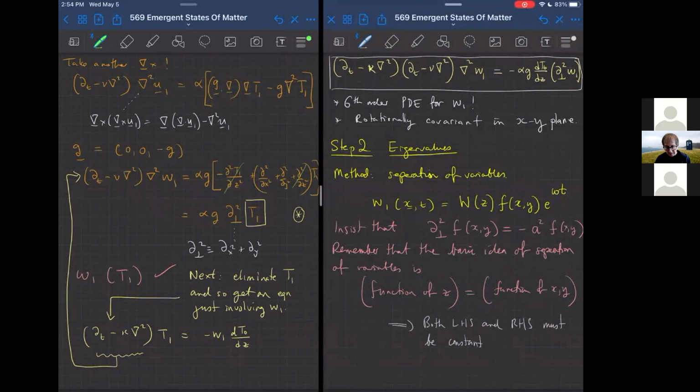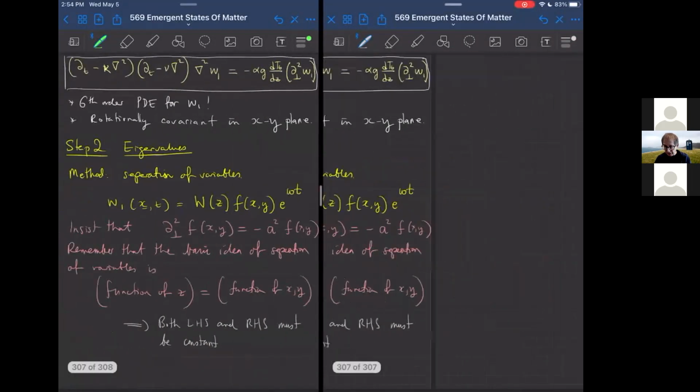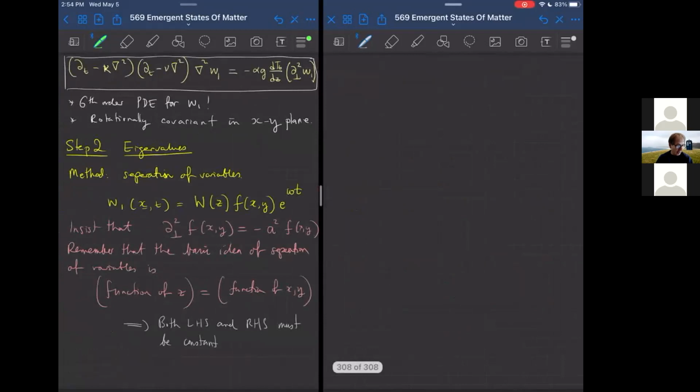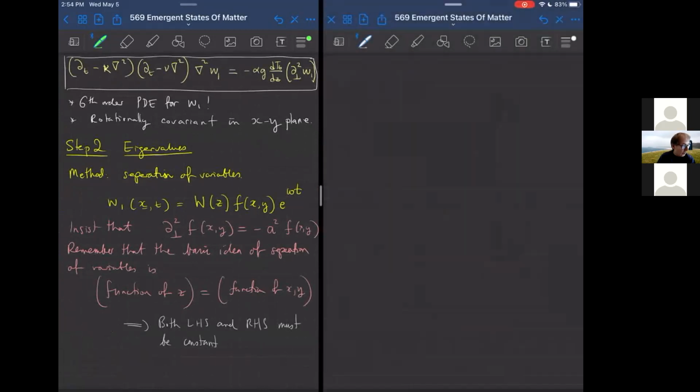And then once I do that, I can now substitute into the equation and find out what I get for my function w. So let me write it down because it's a mess. So what we get is this.